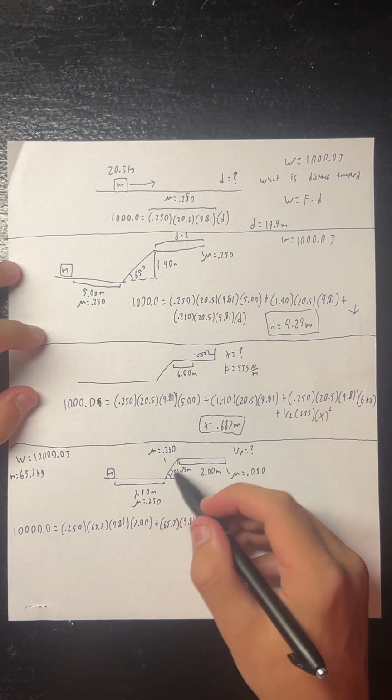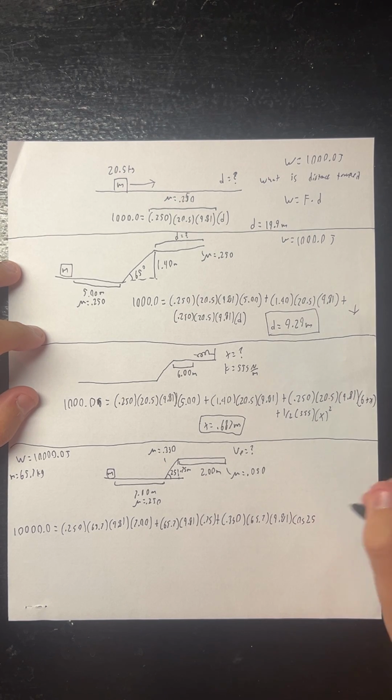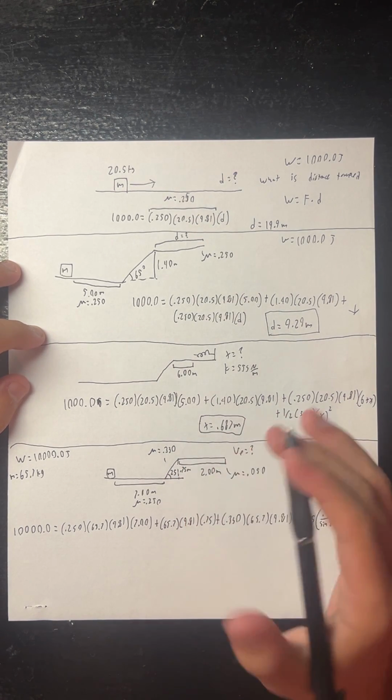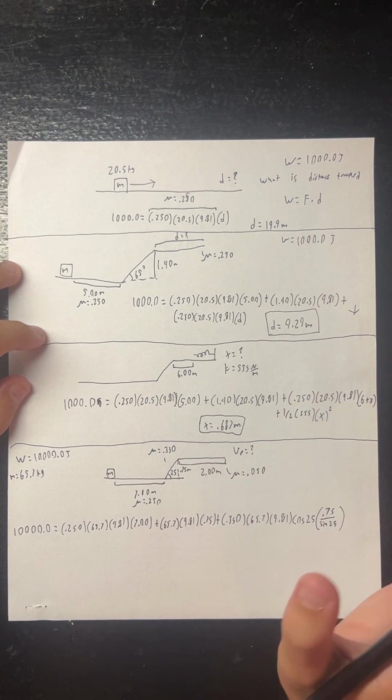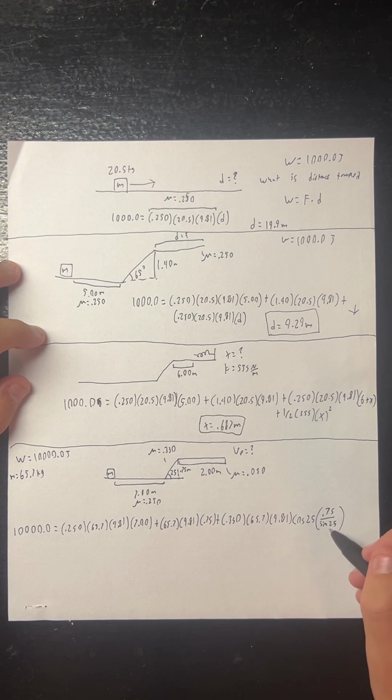And then it's at an incline angle, so it's going to be cosine 25, and the distance it travels, we can use the height over sine theta formula, so 0.75 over sine 25. This is just a shortcut to get the hypotenuse. There are other ways you could do it, like arc sine. That's one way to find the hypotenuse, because that's the distance it travels. So that's what this is right here.